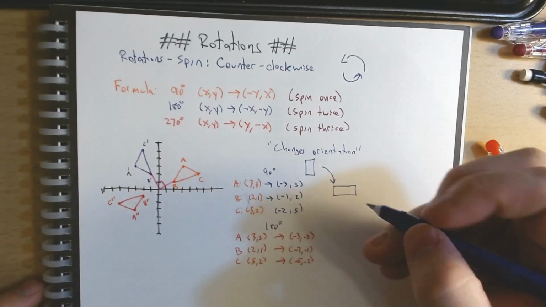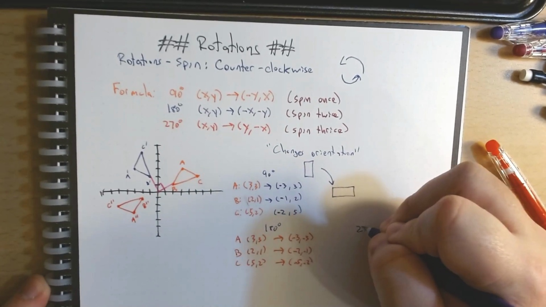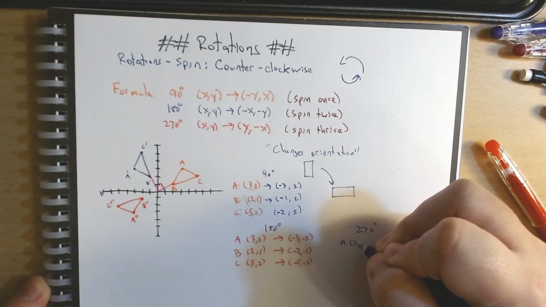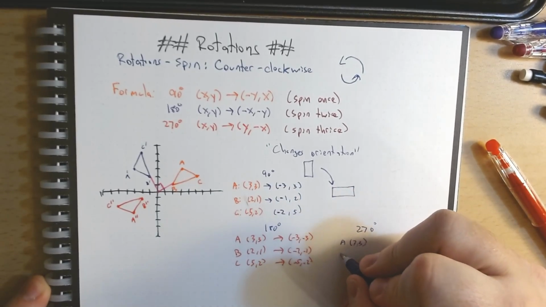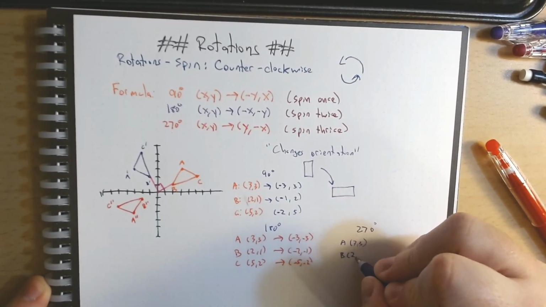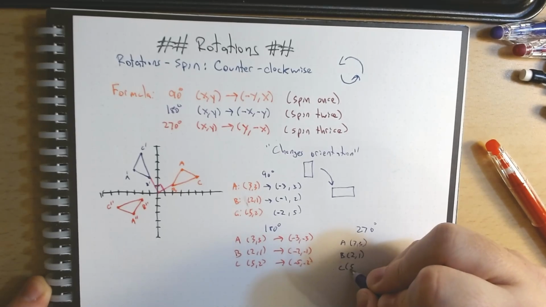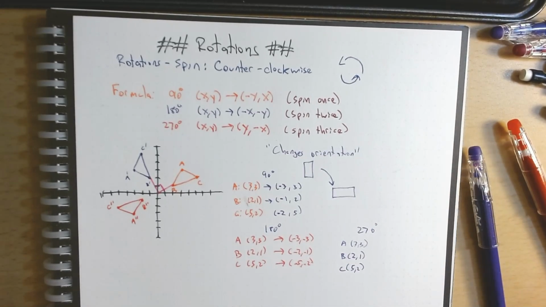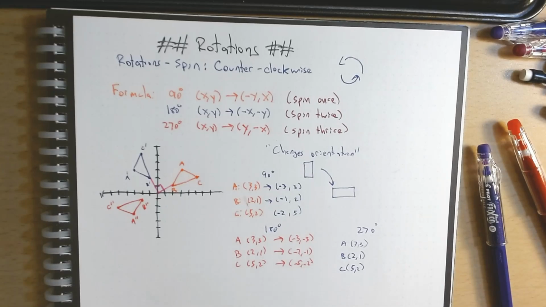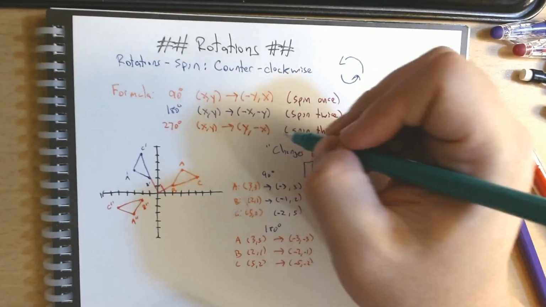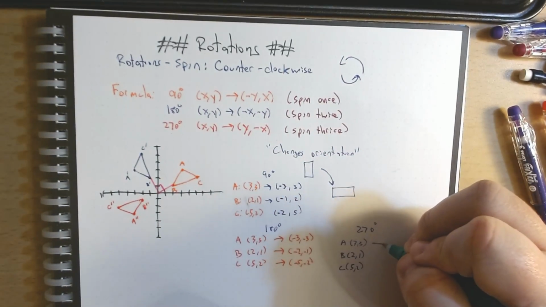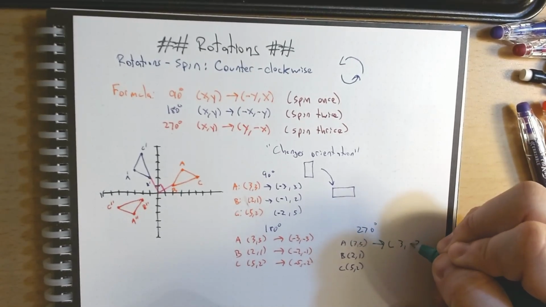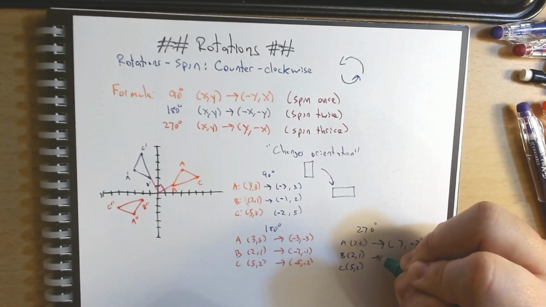Let's do 270 real quick. I'm sure you're all really excited to do this, or at least to watch it. A, 3, 1; B, 2, 1; C, 5, 2, and I used orange, I used red, let's go green. So, it's kind of like the one we did before, except for now what we're doing is we're flipping it and putting a negative inside next to the second one.